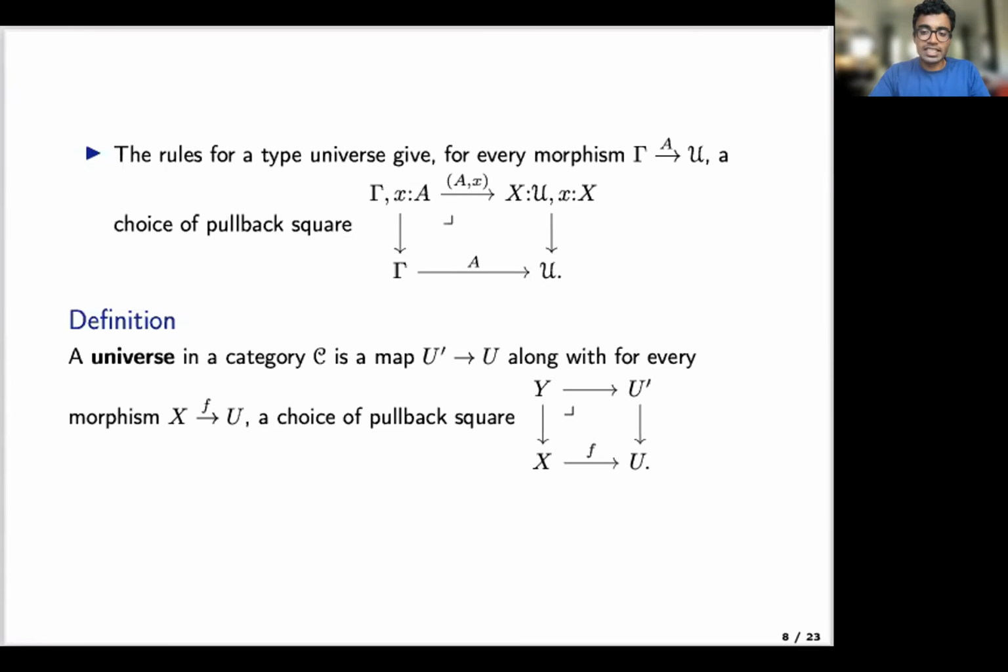There is actually more I can say about lengths of contexts and stuff like that, but that would take me a little far away. There's more structure than what I've just described in this category of contexts, the syntactic category. But I don't have time to get into it, especially if I want to get to higher toposes, for example.